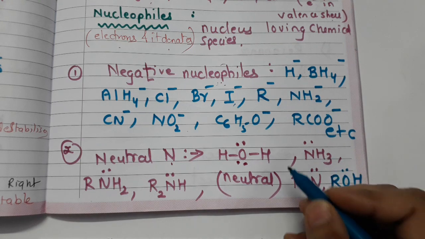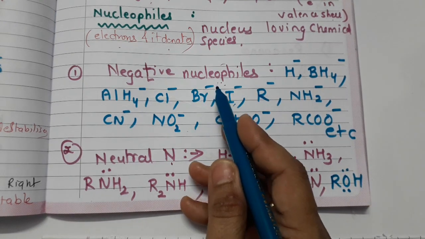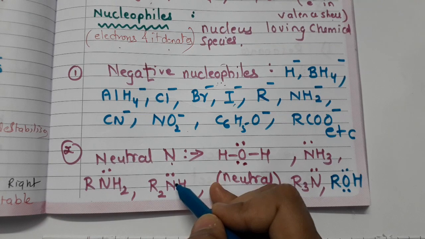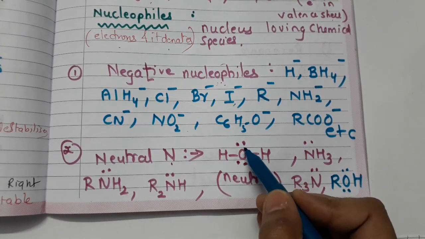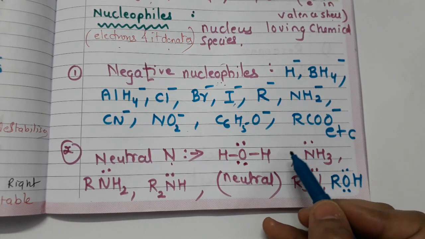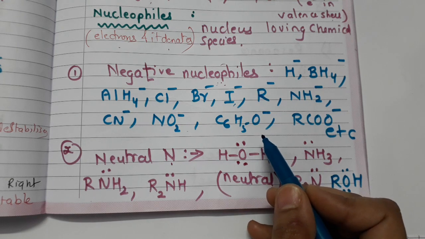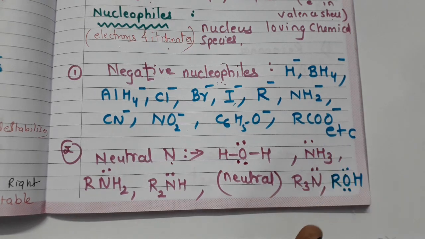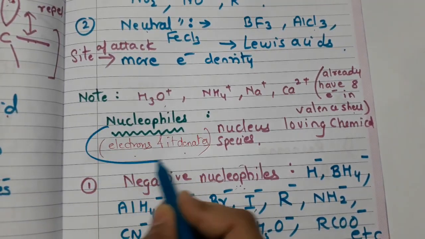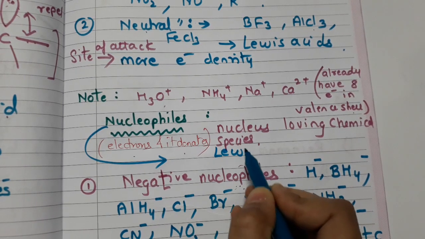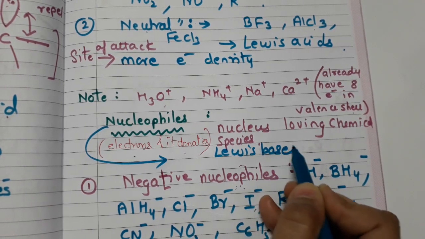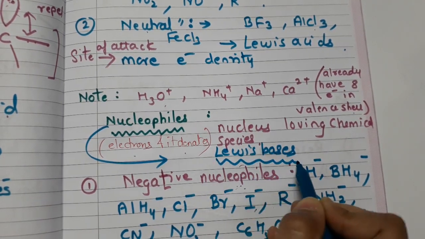Now since both negatively charged nucleophile and neutral nucleophile contain at least one unshared pair of electrons, they have a strong tendency to donate this pair of electrons to the electron deficient species, and hence, students, nucleophiles are labeled as Lewis bases. So what is Lewis base?